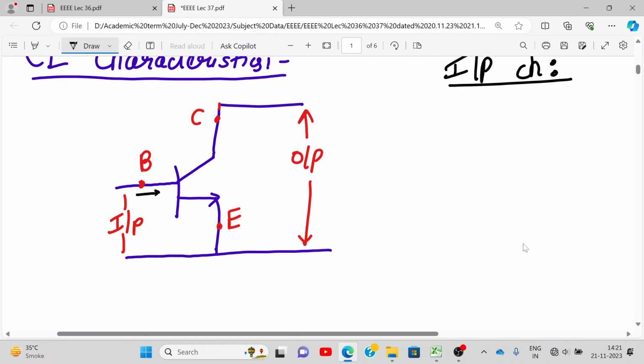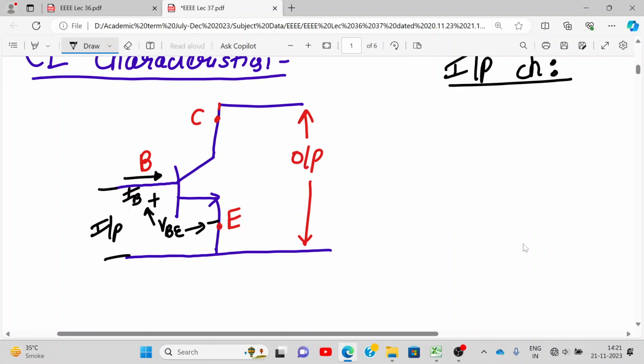IB is my input current. And what is my voltage? VBE, positive, negative. Let me draw it a little bit more neatly. So this is VBE, and this is current IB. And this is my input.